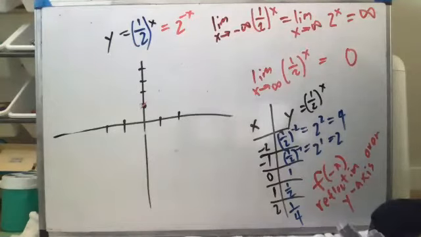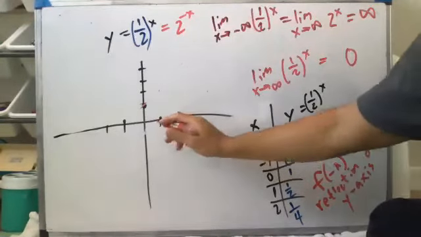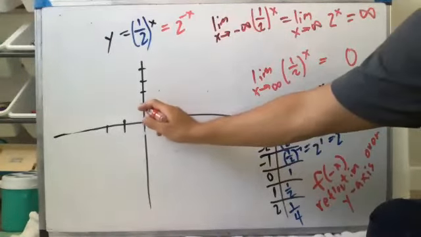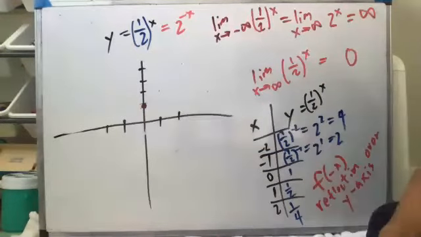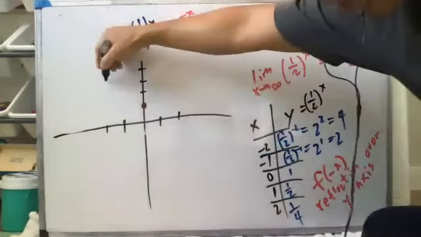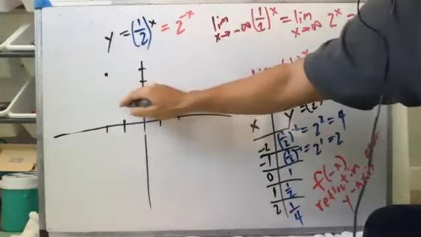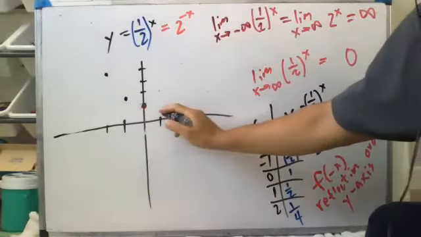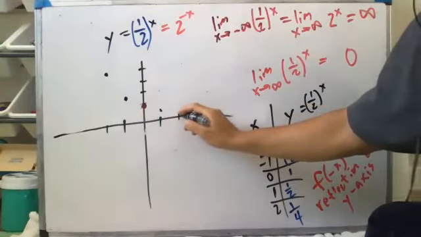Okay, so let's graph the thing. It's still at 0, 1. At -2, it's 4, so -2, 4 is up here. At -1, it's at 2. At 1, it's at a half, and at 2, it's at a quarter.